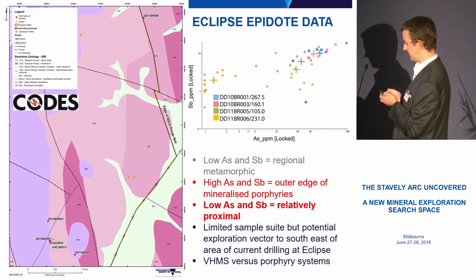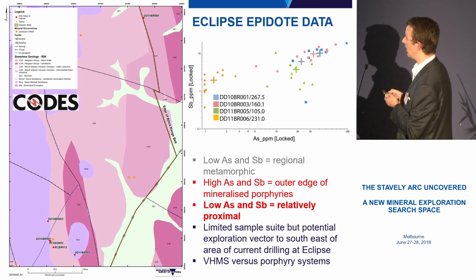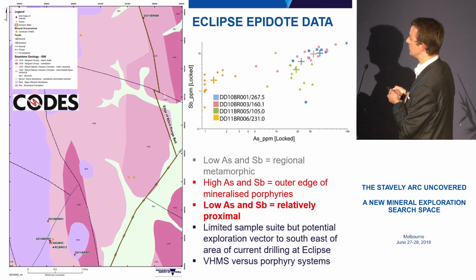We haven't talked about this at all today, so we did chlorite epidote geochemistry in collaboration with the guys down at Codes at Farm Eclipse and Thursday's Gossan. So here's a map of the Eclipse prospect. The known mineralisation is down here. This is another sample that we took up here. We've plotted here antimony versus arsenic.